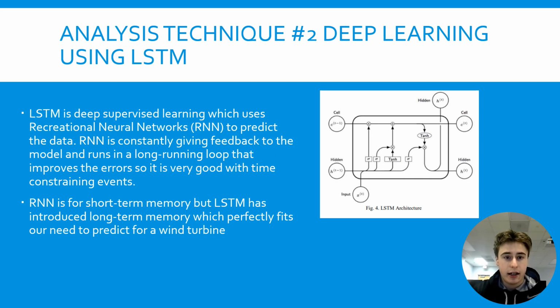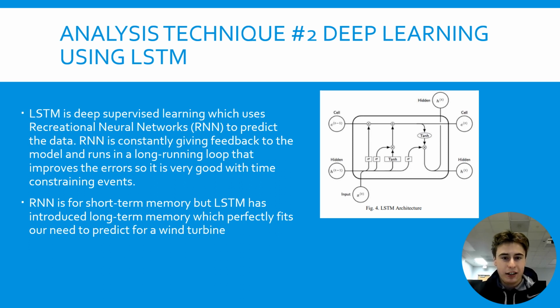And the second analysis technique was deep learning using LSTM, which stands for long short-term memory. Now, the difference between this method and the other method is that they are two completely different categories of AI.